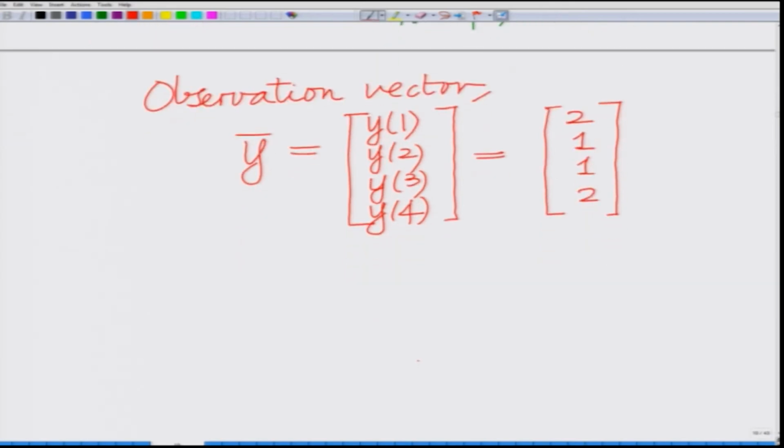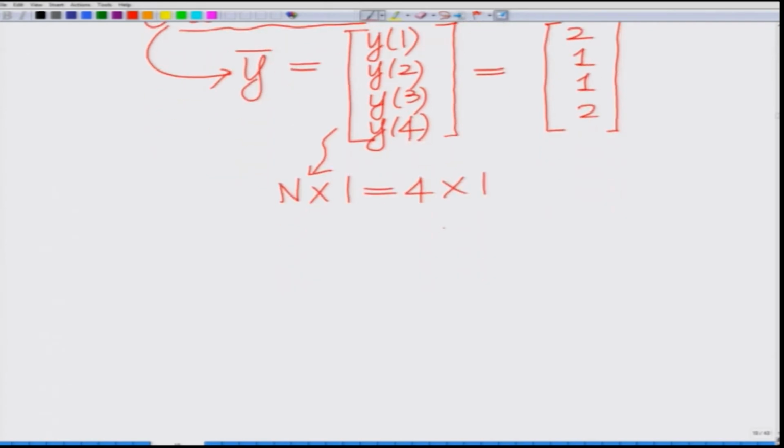And now recall, so this is your observation vector. Okay. So, the observation vector is y bar, and y bar is n cross 1, this is equal to a 4 cross 1 observation vector.